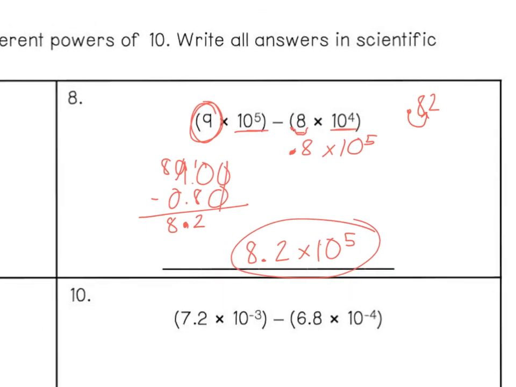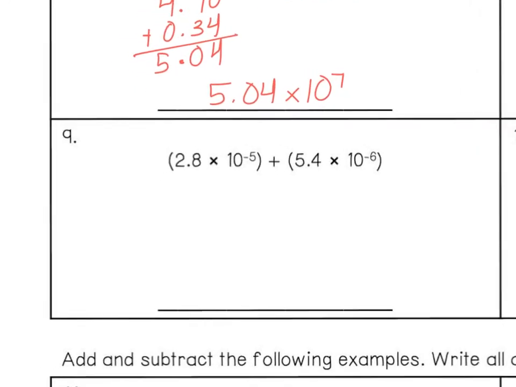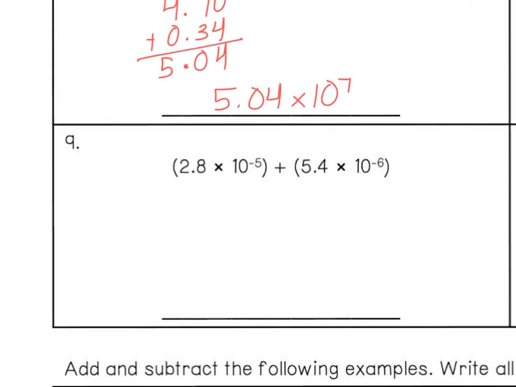All right, let's do another example. The negatives tend to be a little more tricky. So we have 2.8 times 10 to the negative 5th plus 5.4 times 10 to the negative 6th.